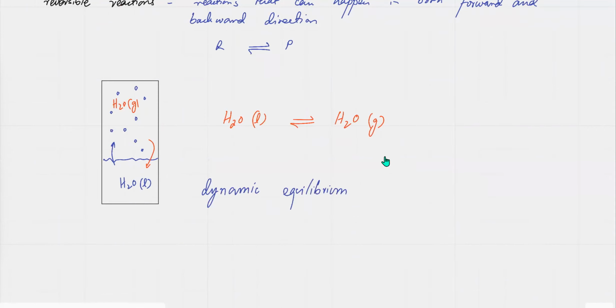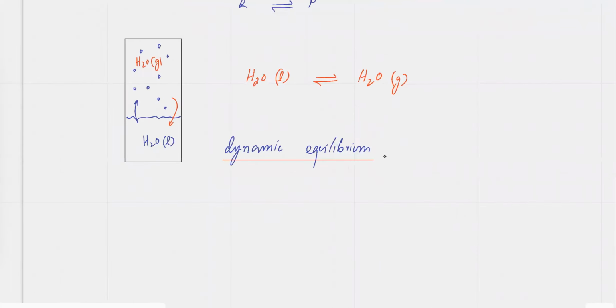A dynamic equilibrium is achieved when the rate of forward reaction and the rate of backward reaction are equal.